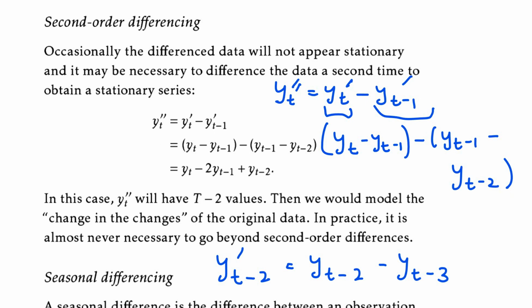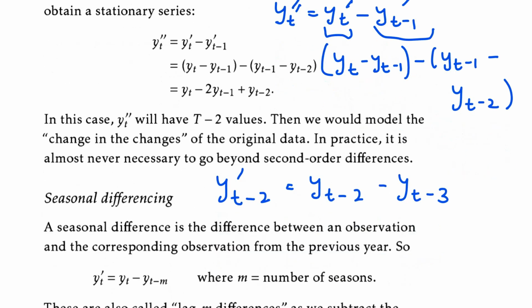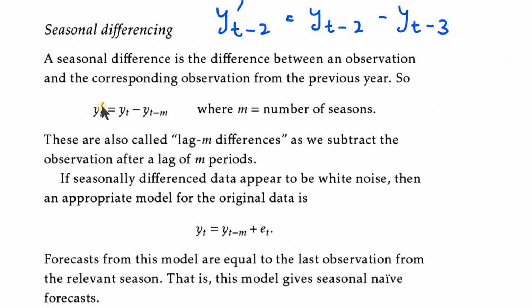Then we have seasonal differencing. Just now, if we difference one time at the non-seasonal lag, it becomes Yt-1. Now because we are differencing at the seasonal lag, it is minus m, whereby m is the number of seasons. For example, if the data is monthly, m is 12.